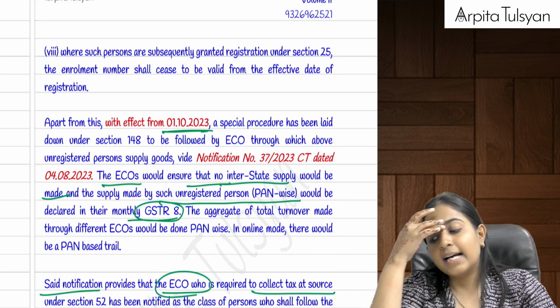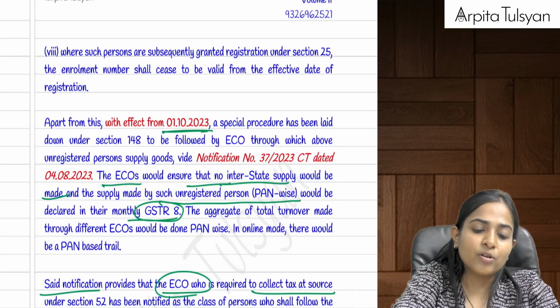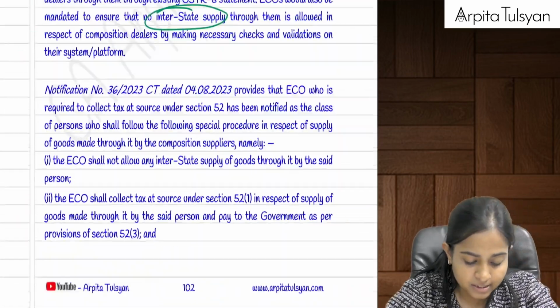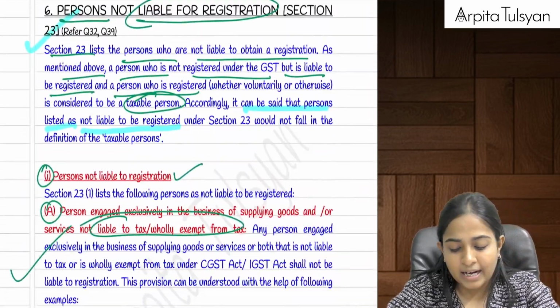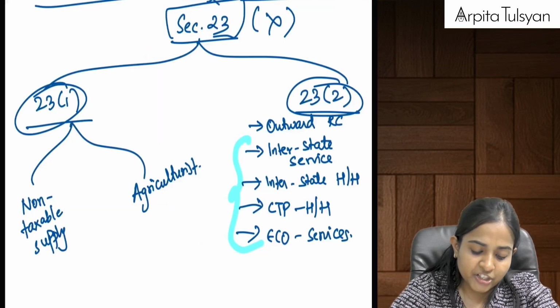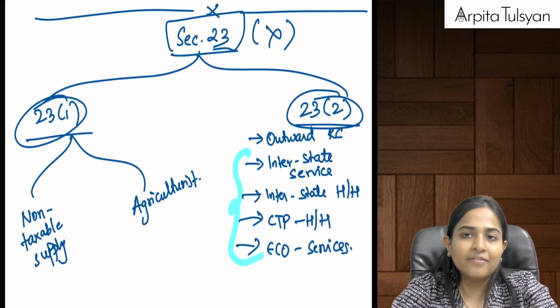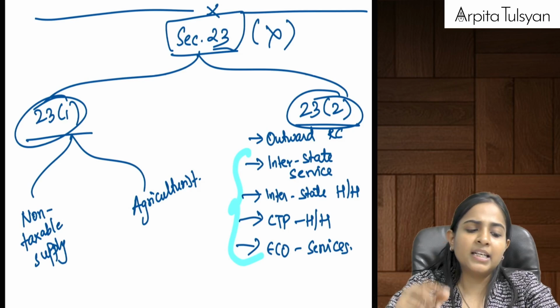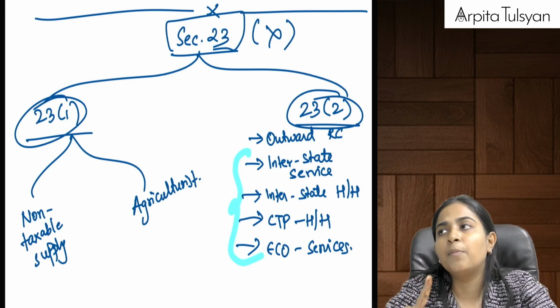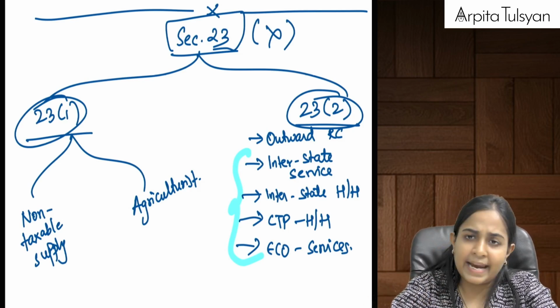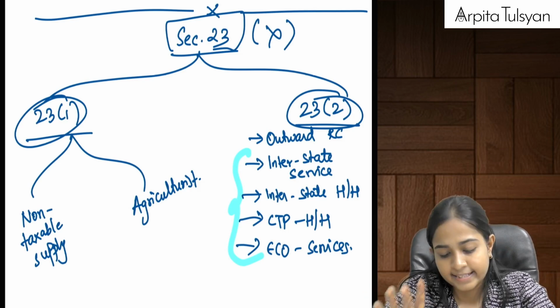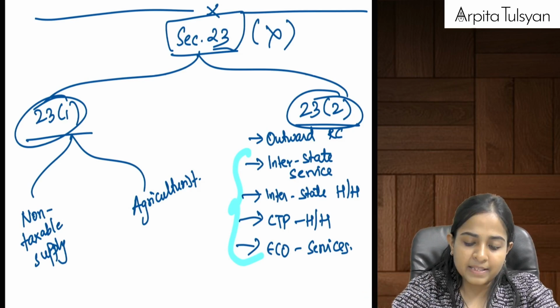Right? And the last section that we did was section number 23, that is persons not liable for registration, which I had summarized here. Section 23(1) and section 23(2). In 23(1) there are only 2 pointers. First one, any person doing non-taxable supply, exempt supply, nil rated supply, etc. is not required to get himself registered.